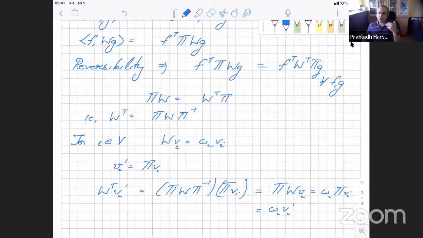And the claim is this is not just true for the all ones vector, it's true for every single one of the other eigenvectors.